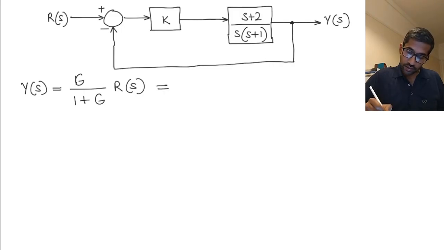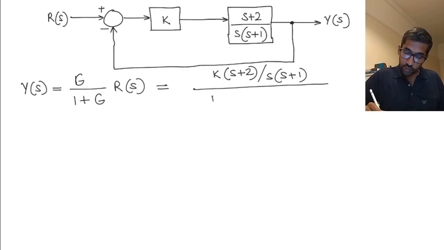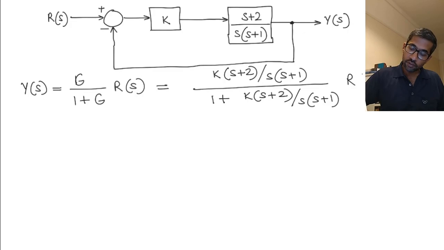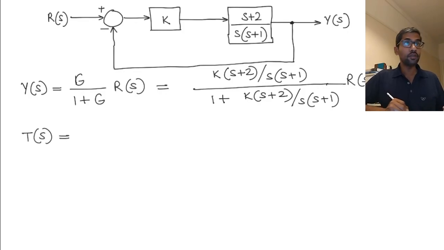So what we get is, if you do that, K(s plus 2) over s times (s plus 1) divided by 1 plus K(s plus 2) divided by s plus 1, times R(s), right? So what is the transfer function T(s) going to be?